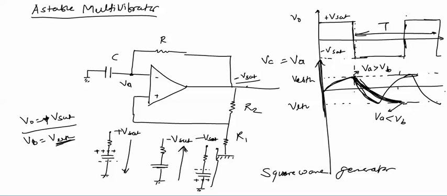So the output waveform will be a bit compact, that is the time period reduces and frequency increases. So the frequency of the output depends on the RC time constant, means the product of R and C is called the RC time constant, and based on this RC time constant we can change the frequency of the output.